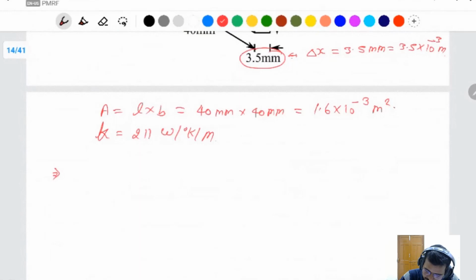Then what will be Q? Q is K into A, area, into delta T divided by delta X.